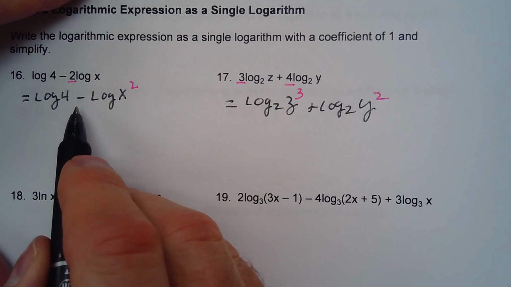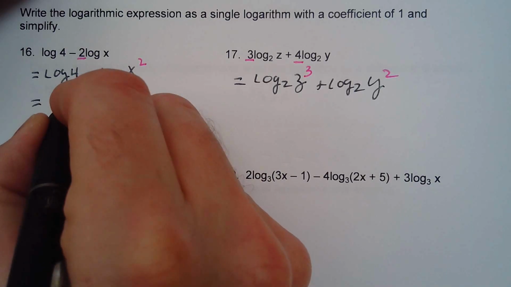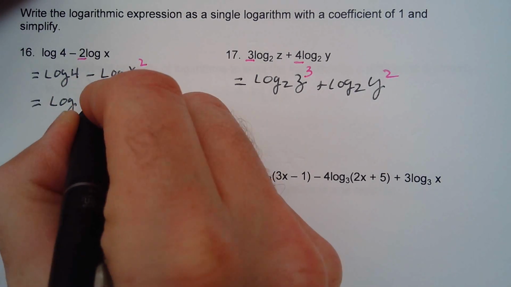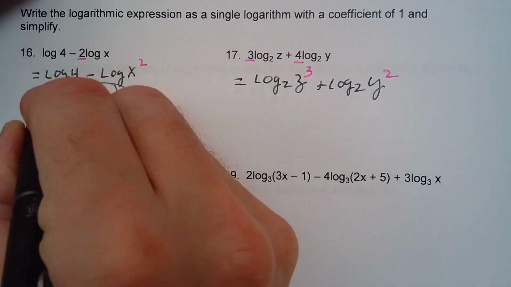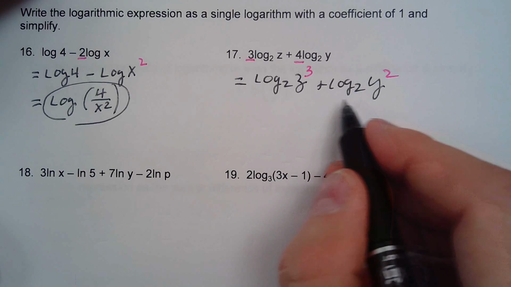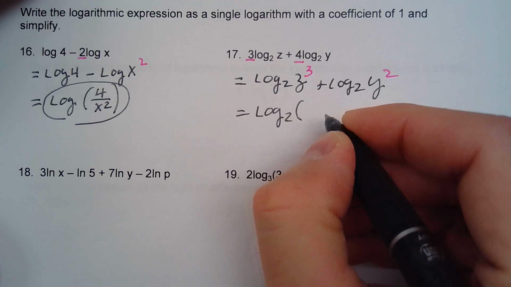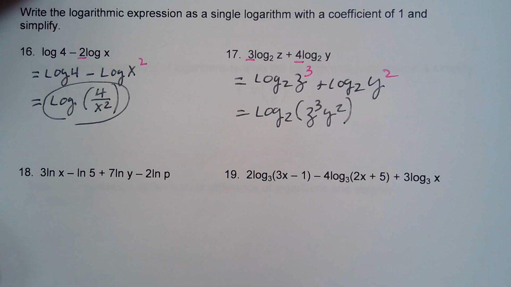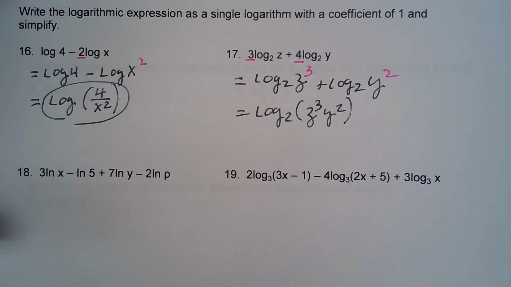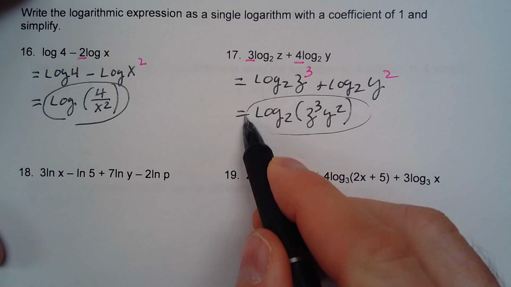Here I've got subtraction, so I'm going to rewrite that as the log of the numerator over denominator. Here I have addition, so I'm going to rewrite that as a product. So it'd be log base 2 of z cubed times y squared. So that would be our answer.